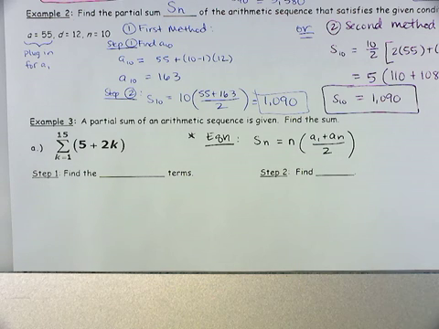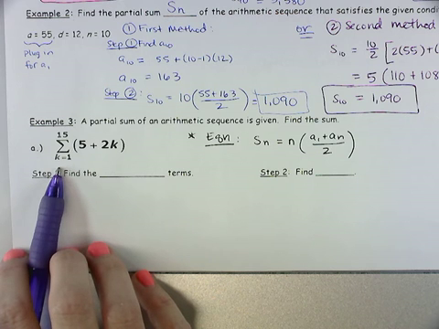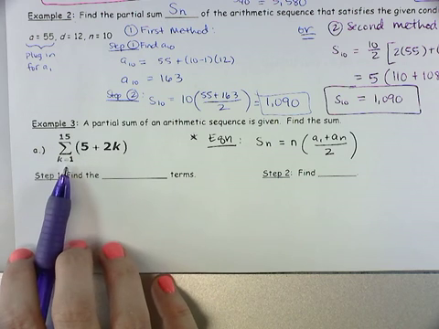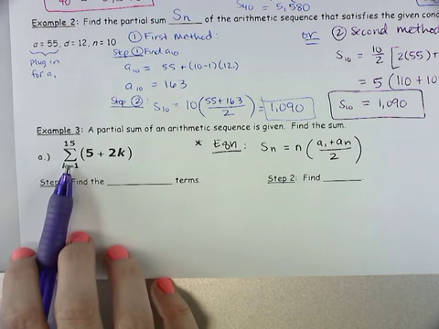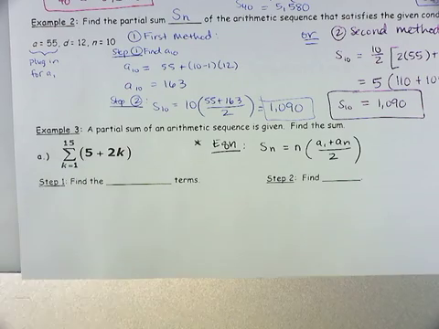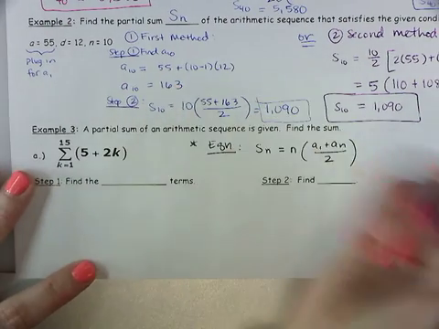Does anybody remember from the other day how I told you you could find the terms by looking at the sigma notation? Yeah, good. So subtract the top number from the bottom and then add 1. So 15 minus 1 is what? 14. 14 plus 1 is 15. So there's going to be 15 terms, and I'm just going to make a note of that as well.